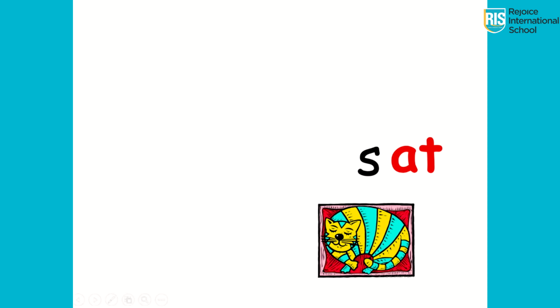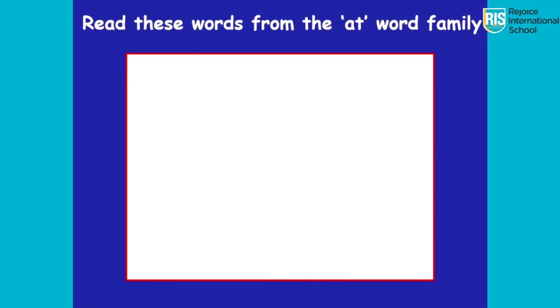Very good, children. We read all the words of the AT word family. We all had fun learning to read the words from the AT word family and meeting them today. Yes? Let's recall all the words from the AT word family. All right? The first word is b, at, bat.